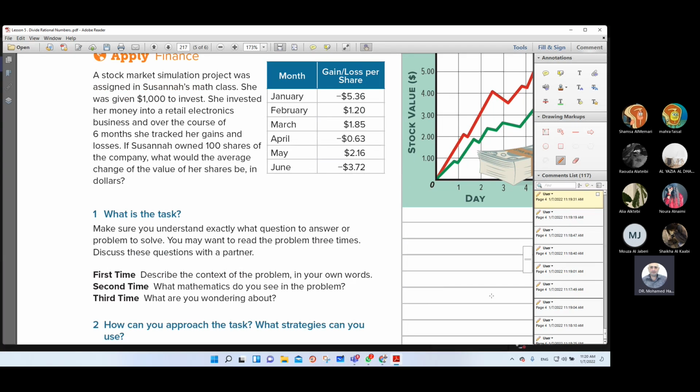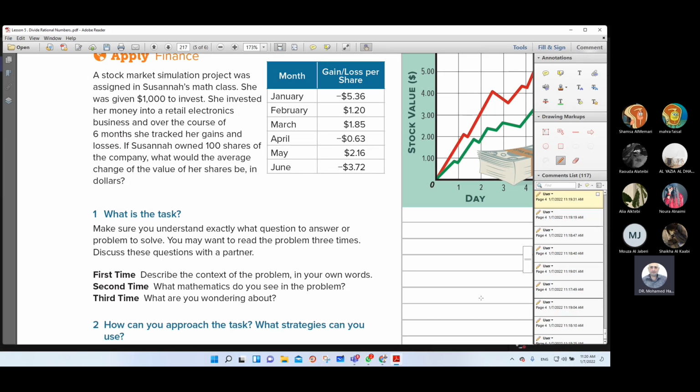She invested her money into a retail electronics business, and over the course of 6 months, she tracked her gains and losses. If Susanna owned 100 shares of the company, what would the average change of the value of her shares be in dollars?